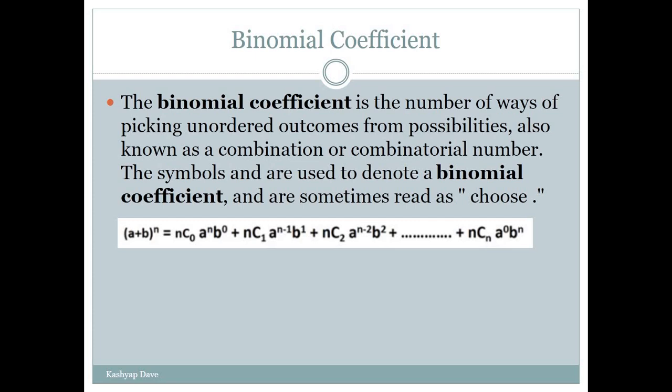Here you have noticed that the first term is a raised to n b raised to 0, another term is a raised to n minus 1 b raised to 1, and the next term is a raised to n minus 2 b raised to 2. So here the power of a is decreasing, n, n minus 1, n minus 2, and the power of b is increasing, 0, 1, 2, up to n.